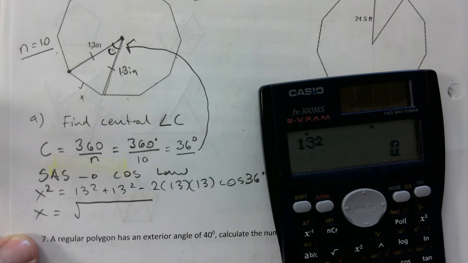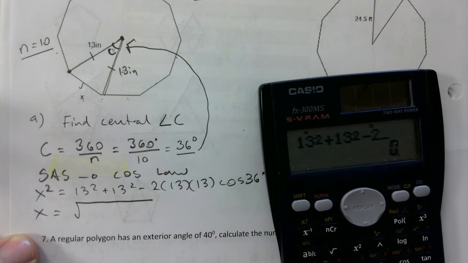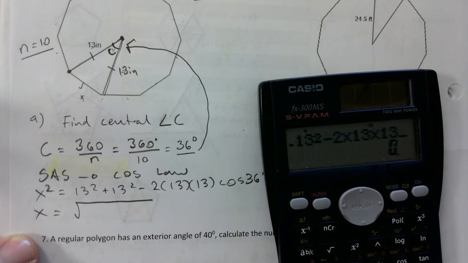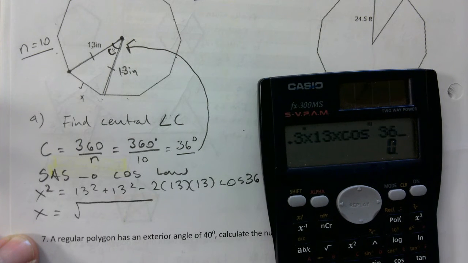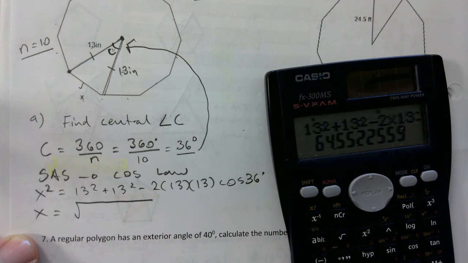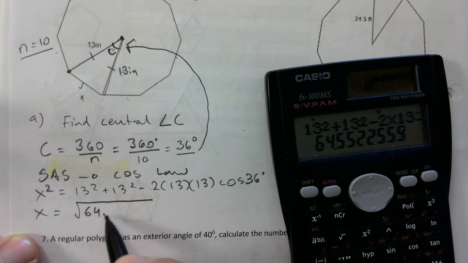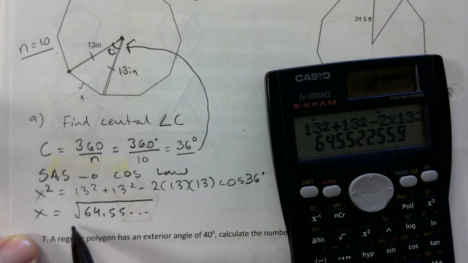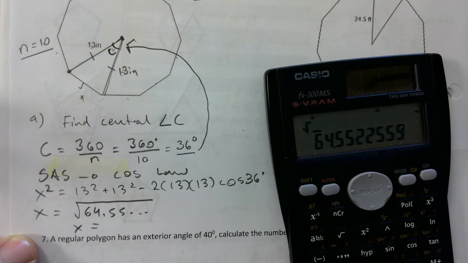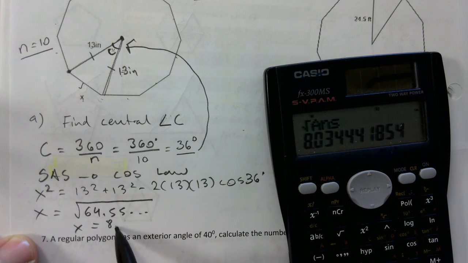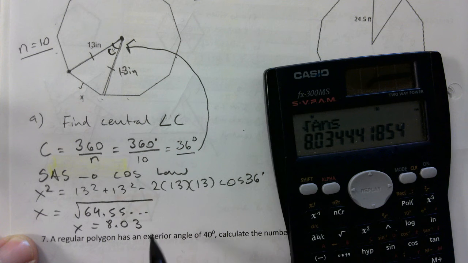Make sure you practice this so you know how to type this in. Some of you might have forgotten. That's 64.55 and keeps going. When I take the square root of that, I get 8.03 inches.